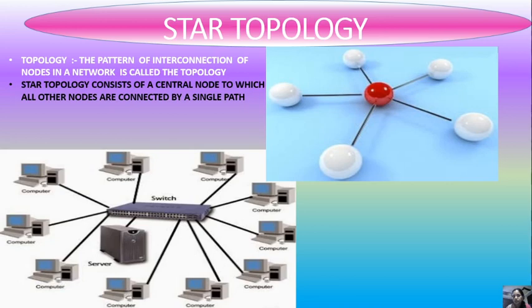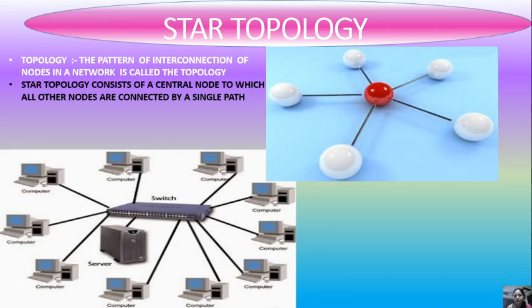So this image is showing the concept of star topology, or star pattern. In this pattern all the systems are connected to a central node. The red ball is like a central node, a central PC, and all the white balls are clients, or PCs, connected in a star pattern with that central node.